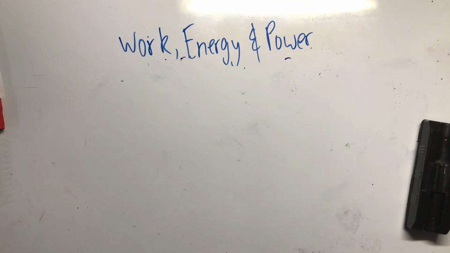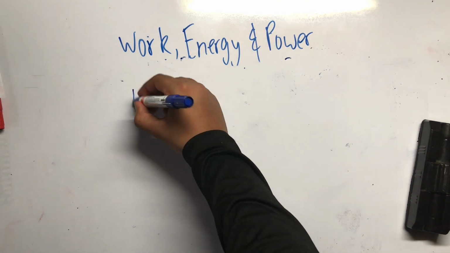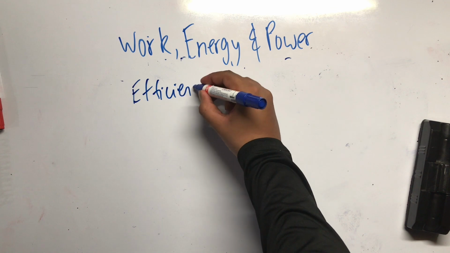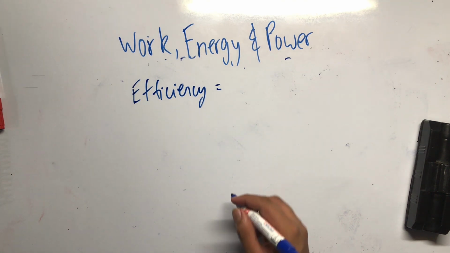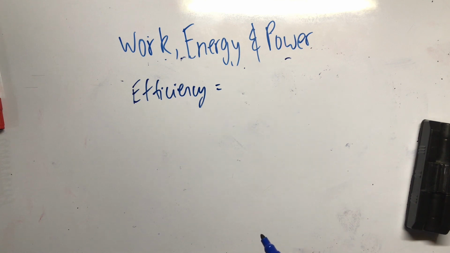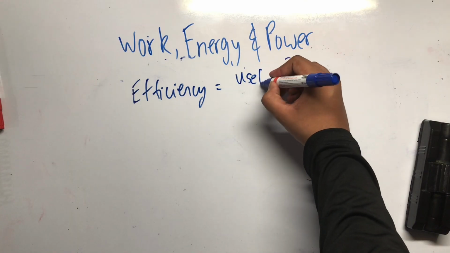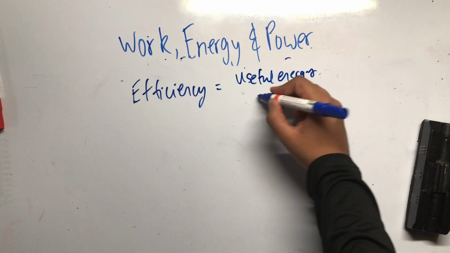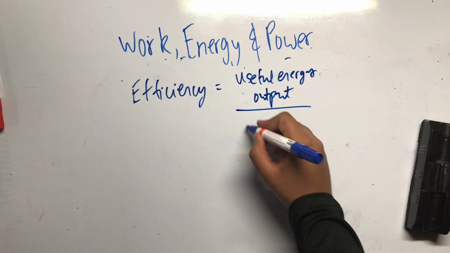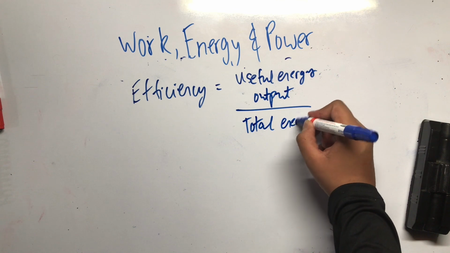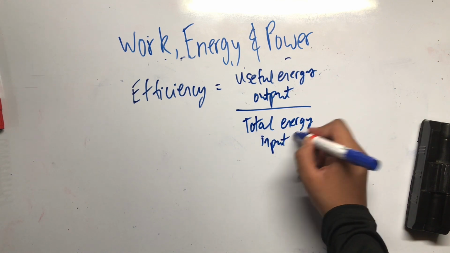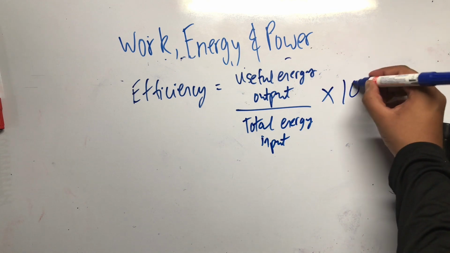Now the last part of this section is efficiency. So efficiency of a particular object, or let's say a motor, is equal to the ratio of the useful energy output with respect to the total energy input, and efficiency is normally measured as a percentage, hence it is equal to the useful energy output divided by the total energy input times 100.